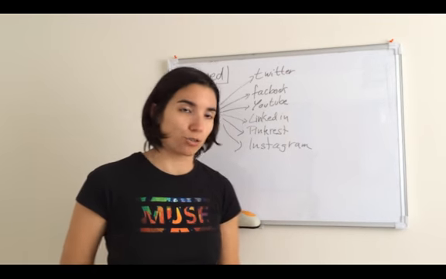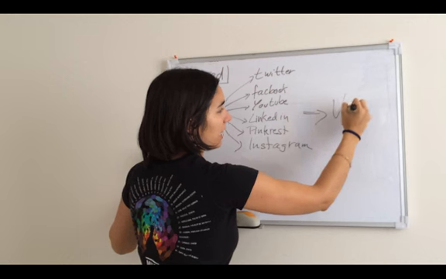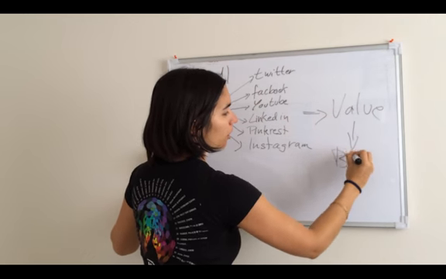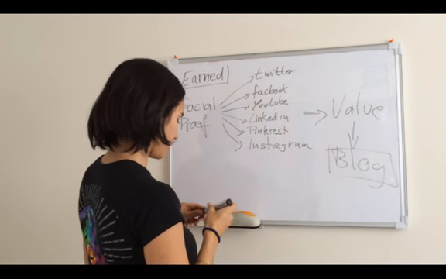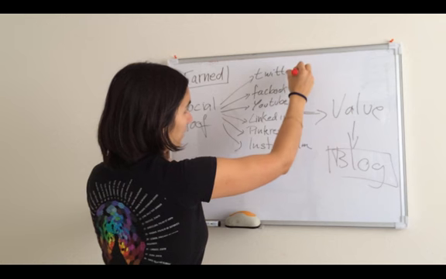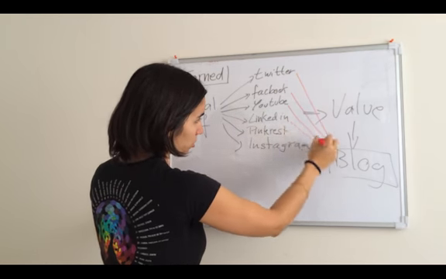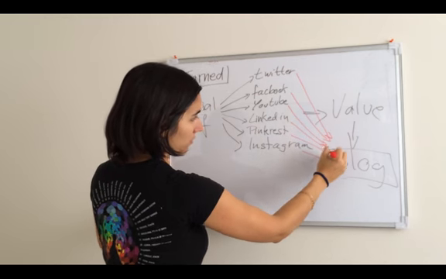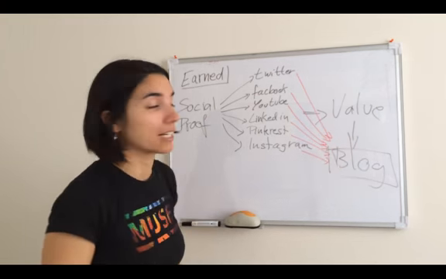How do you get that social proof? You add value. And where do you add value? In your blog. Everything you do in social media, at some point, every activity you do on social media at some point should lead to your blog or your website, whatever kind of website it is. Okay? Your blog is your home on the internet.